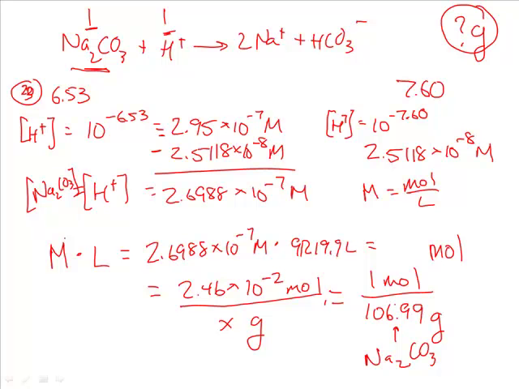You multiply that by the 2.46 you already had in your calculator, and this should equal the amount of grams. Did I make a mistake? 2.46 EE negative 2 times 106.99. Yep. So it says to add 2.63, according to this one, grams of the sodium carbonate.